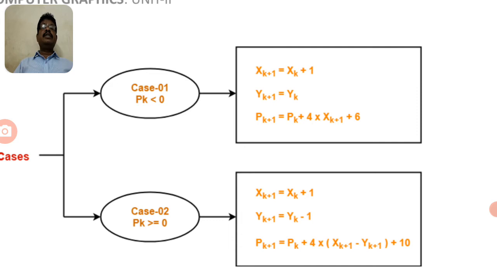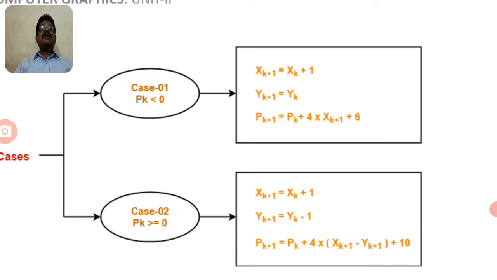We can also find the next decision parameter, pk plus 1, where pk plus 1 equals pk plus 4 into xk plus 6. This is the equation to derive the next decision parameter, pk plus 1.